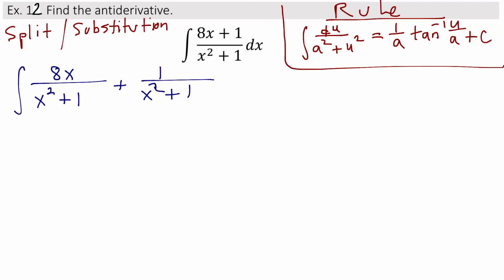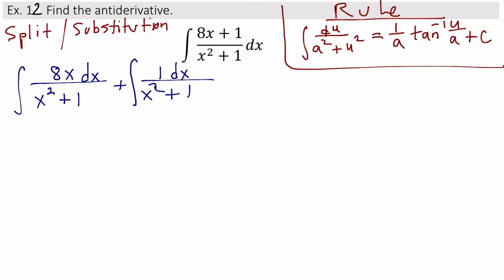All right, and you can see that's true because if I added my numerators and put it over one common denominator, I'd get this relationship here. So this is just another way of saying this. All right, so now I can treat these two integrals separately. So I can put an integral symbol right here, and an integral symbol right there as well, because of my integration properties. All right, and then I could put a dx, of course, which I should have as well.